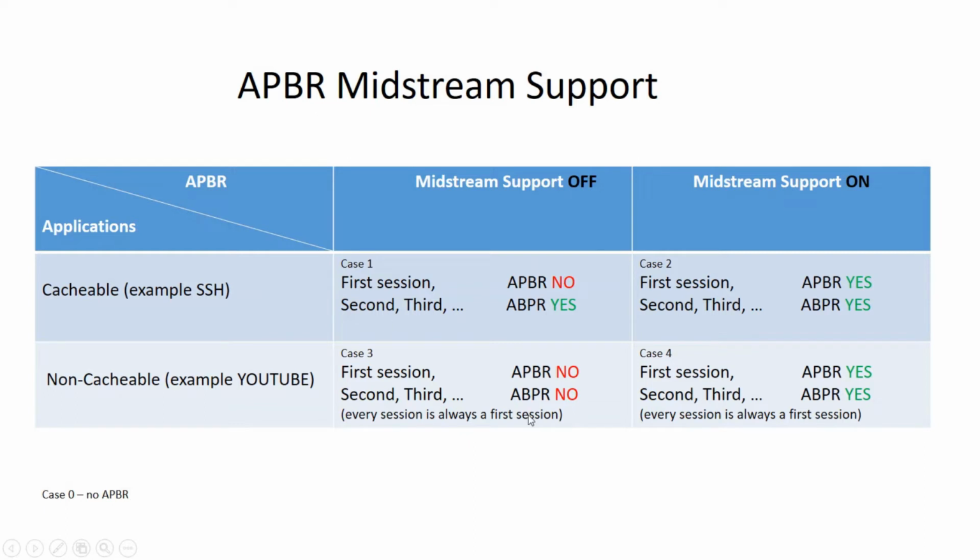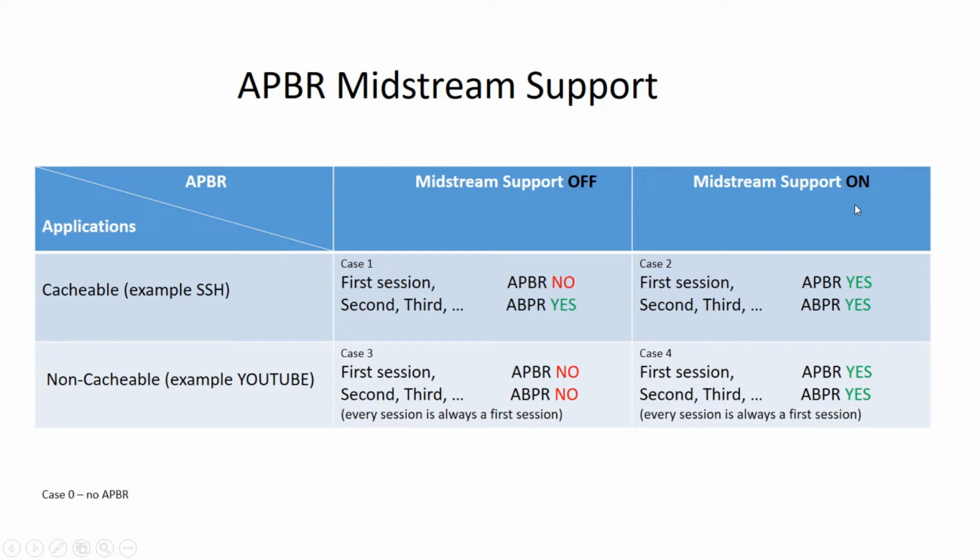For use cases, we are going to look at cacheable and non-cacheable applications. As a cacheable application, we will be sending SSH, non-cacheable YouTube. We will be applying APBR, and then we will observe what happens when midstream support is off and midstream support is on.